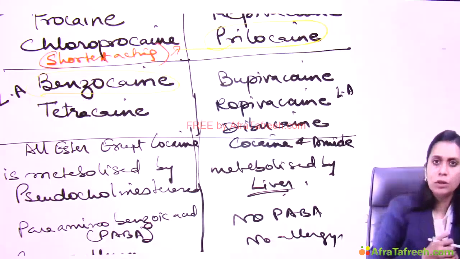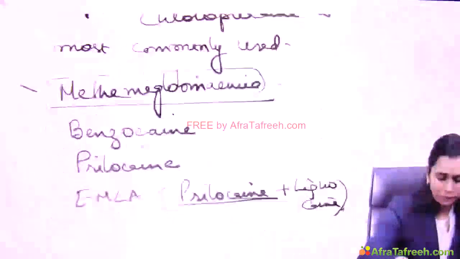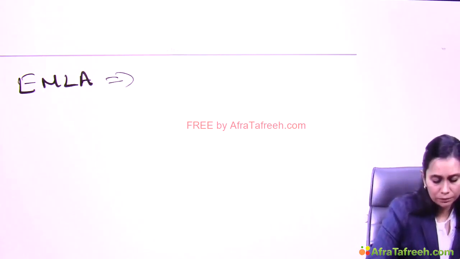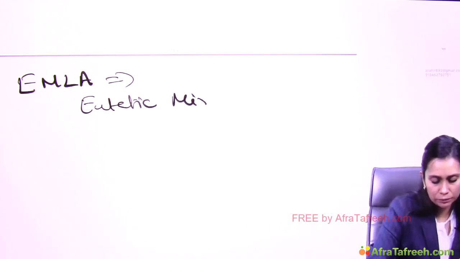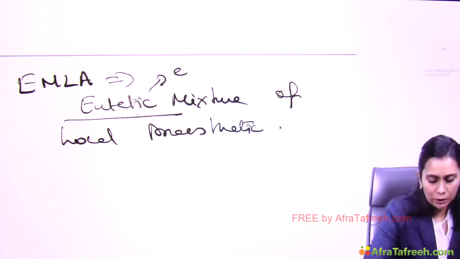Now, a very important combination local anesthetic which we need to talk about is EMLA. What is this EMLA? The full form of EMLA is eutectic mixture of local anesthetics. What do I mean by this eutectic? Eutectic means easily melted.